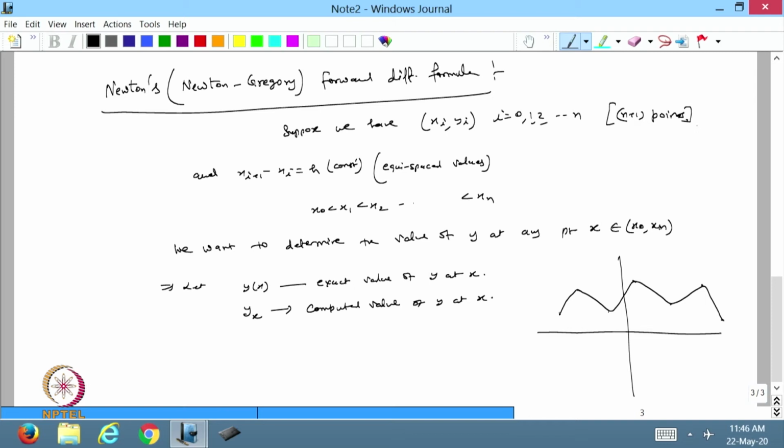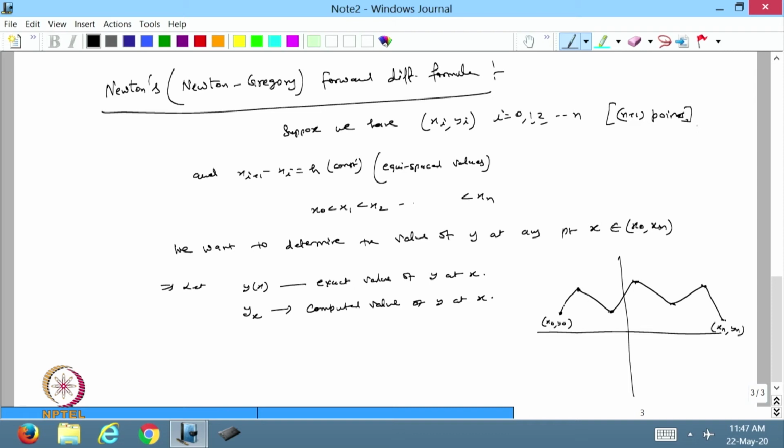So, suppose this is my point (x0, y0), and this is my (xn, yn). So, my value is given to me at this point, this point, this point. Now, I want to find the value of the function y at any x somewhere in between.